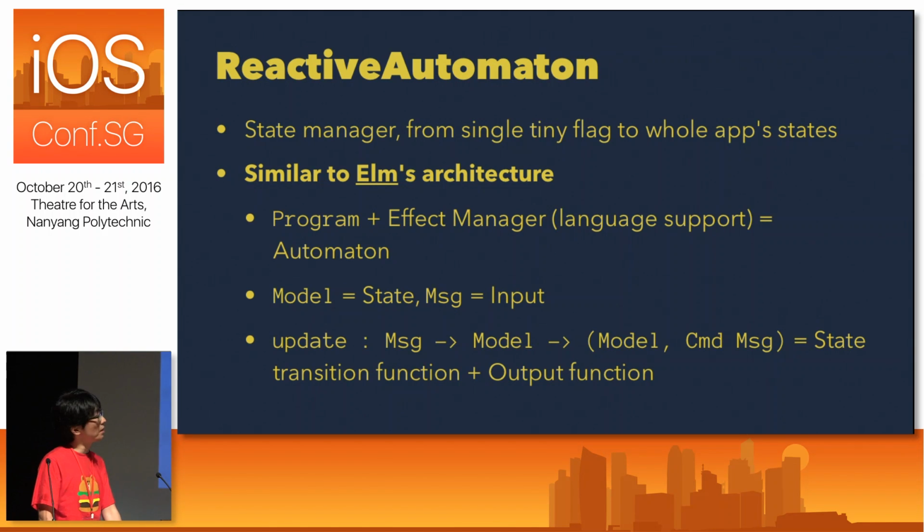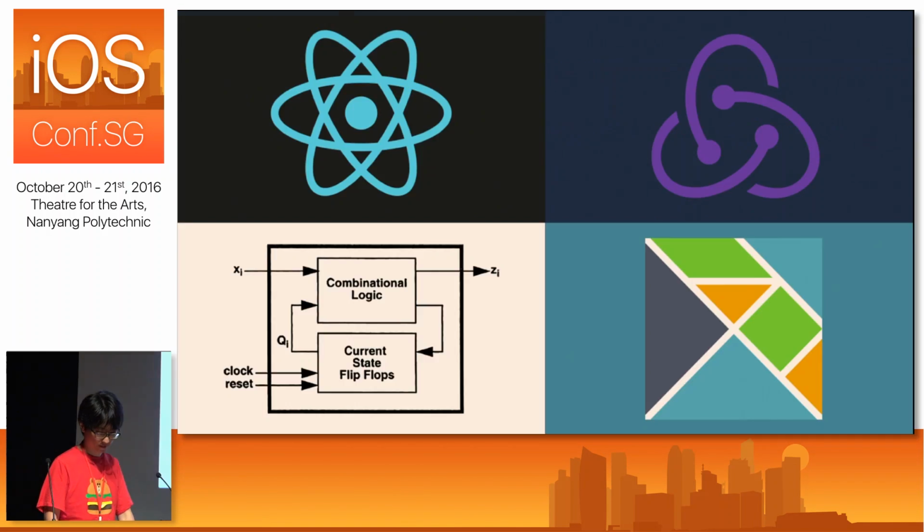And Elm has a type called program, and it also has an effect manager as a core feature. And this eventually corresponds to the automaton type. And also, Elm's model is equivalent to state, and message is equivalent to the input, and the update and output functions can be written like the state transition function and output function, which I just talked about so far.